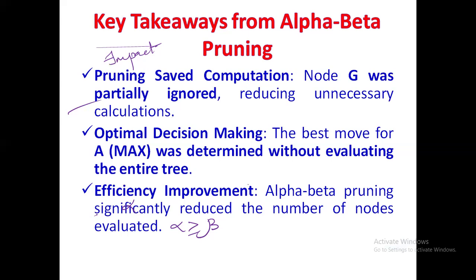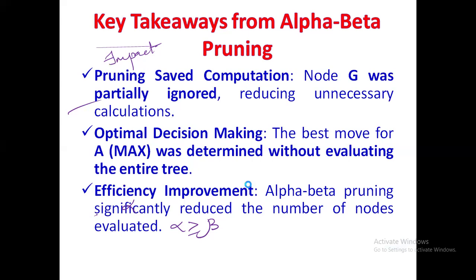Overall, alpha beta pruning significantly improved efficiency by reducing the number of nodes evaluated, allowing for faster decision making. This makes it especially useful in complex decision trees such as those used in game playing AI, where evaluating every possible move is computationally expensive. The technique ensures that only relevant branches are explored, optimizing performance without compromising the conclusions.